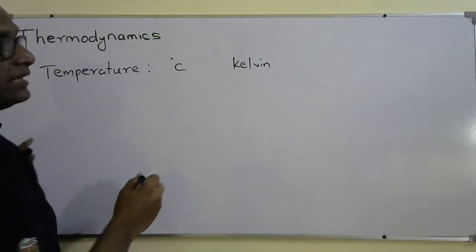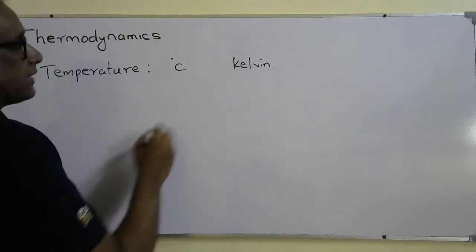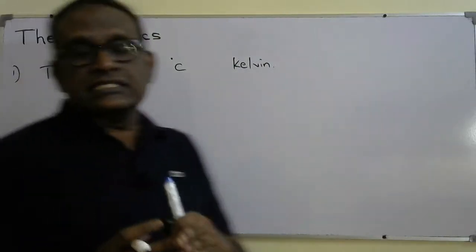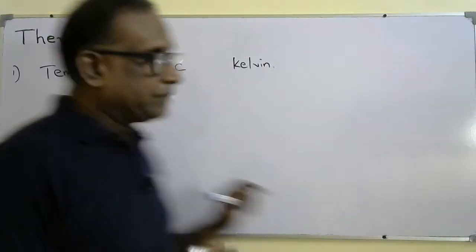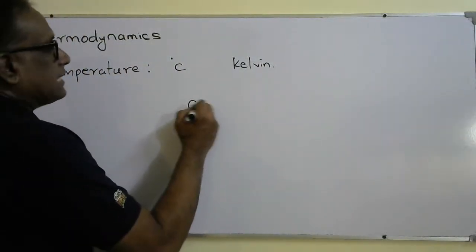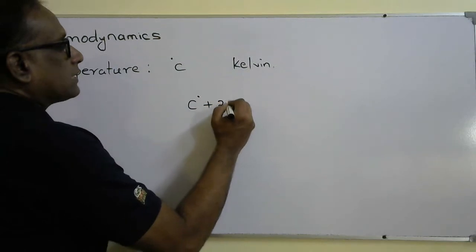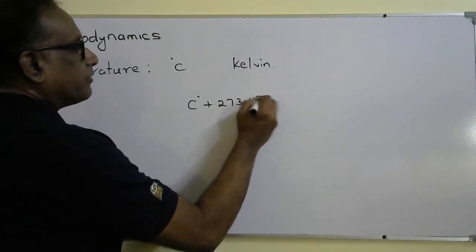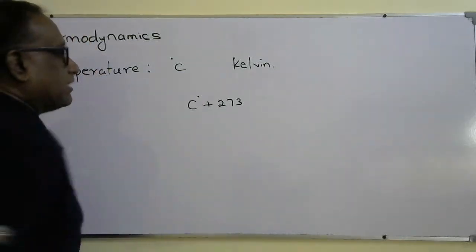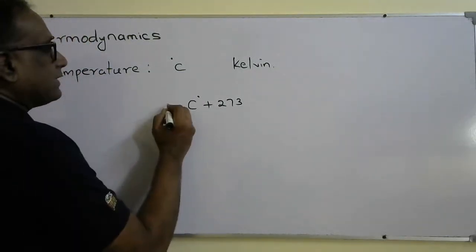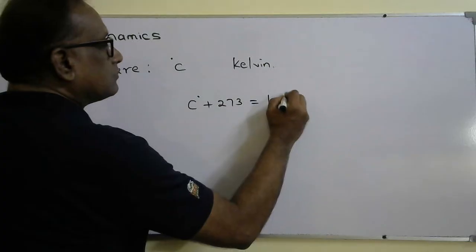The relationship between Kelvin and Celsius: to convert Celsius to Kelvin, we add 273.15. So that means Celsius scale plus 273.15, but normally we don't consider 0.15. So for simplicity we add 273, then we will get the Kelvin scale.